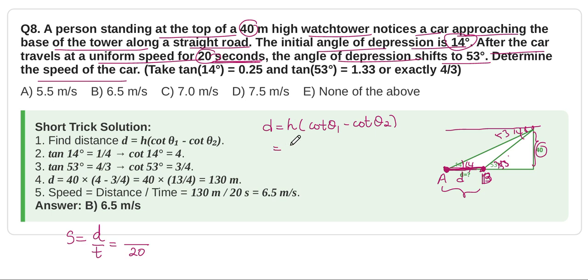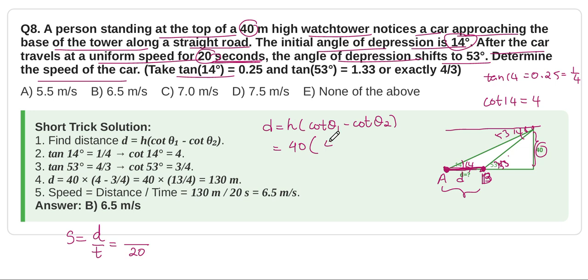The height is given as 40, and both the angles are given. So the first angle is tan 14, which is given to be 0.25. So cot 14 is the reciprocal of tan 14. Now 0.25 means 1 upon 4, so the reciprocal is 4.